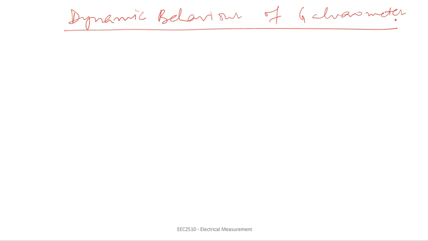The dynamic behavior is important because when we pass current through the galvanometer, it does not reach the final steady state deflection immediately. There is a certain time interval, a period of transition, during which the moving system deflects from its initial position to the final steady state position. So let us first consider the different constants of the galvanometer.